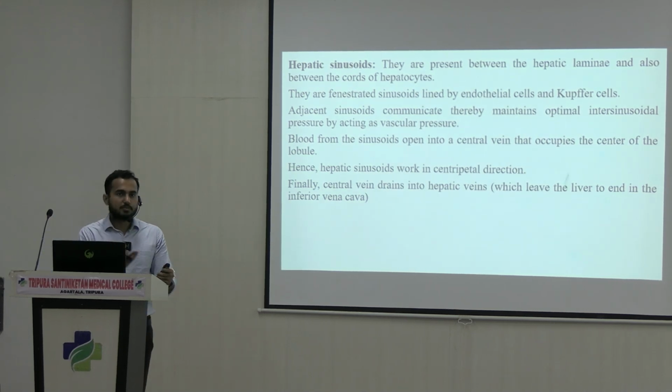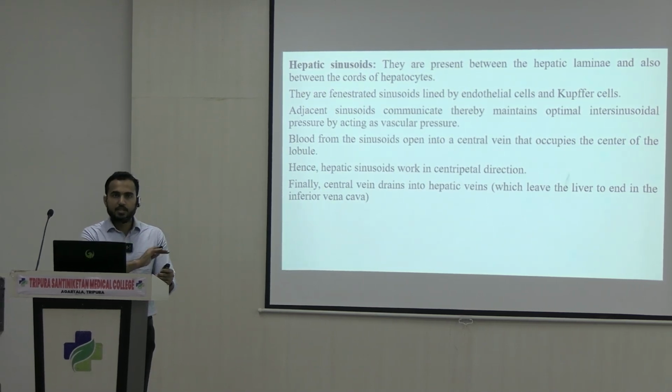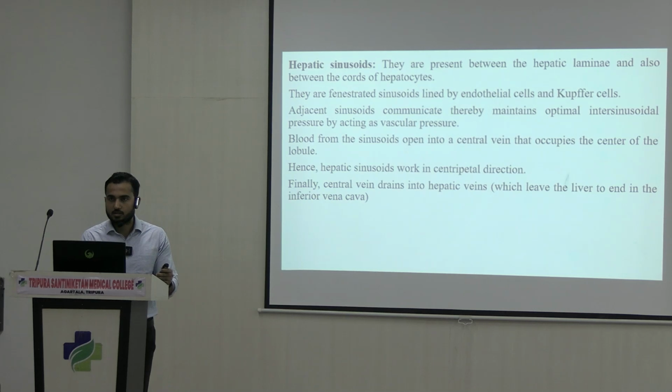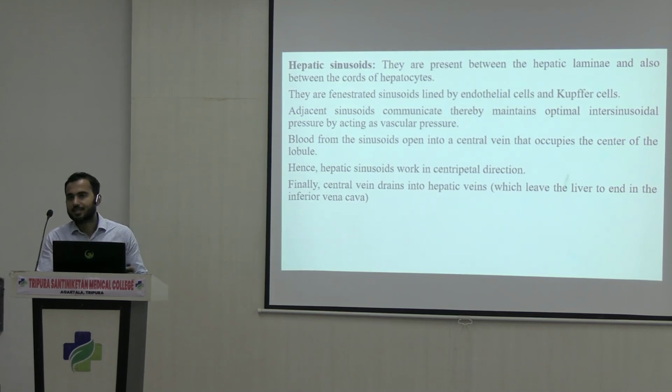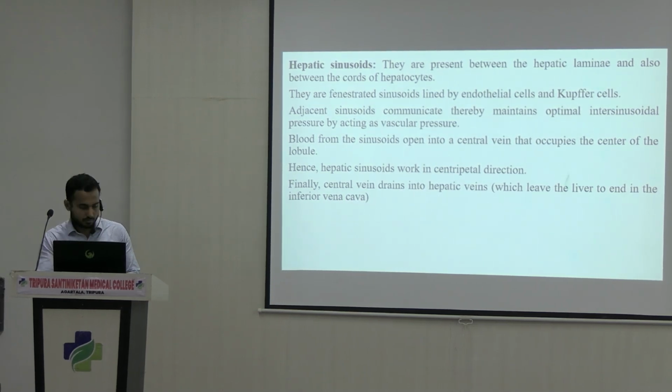Sinusoid means blood will flow through the sinusoid. In case of liver, it is centripetal in direction. That means from the periphery, the blood is going towards the center. That is the centripetal direction. Now, finally, the central vein will drain into the hepatic vein. This is the way the blood is coming into or leaving the liver.